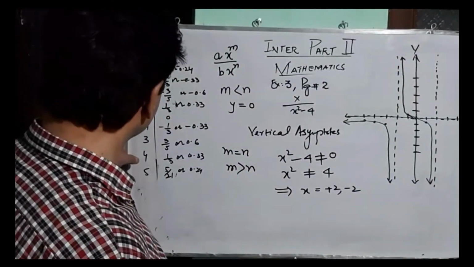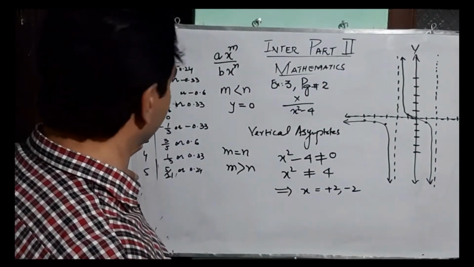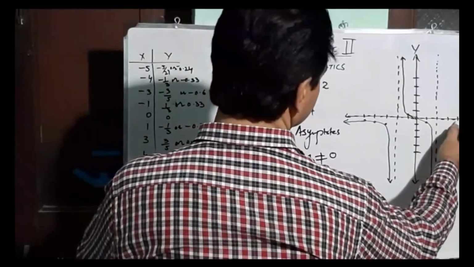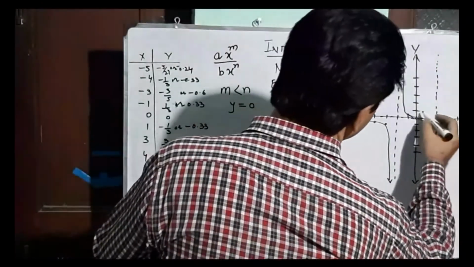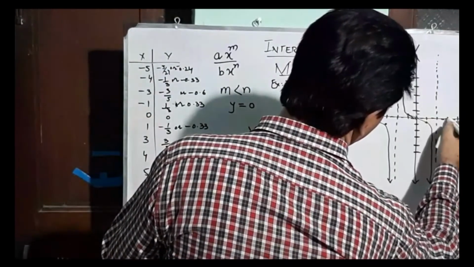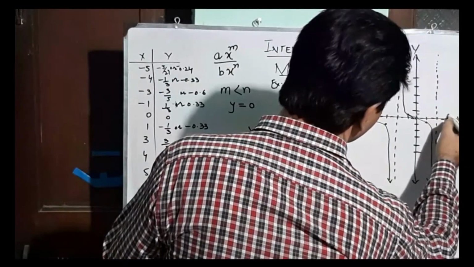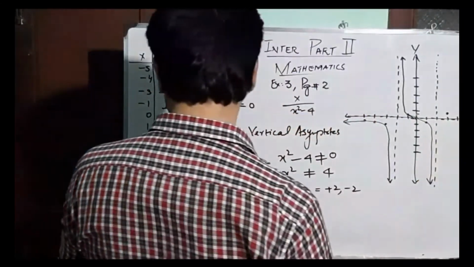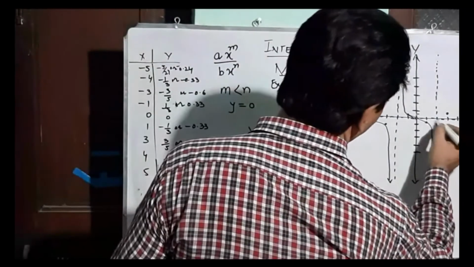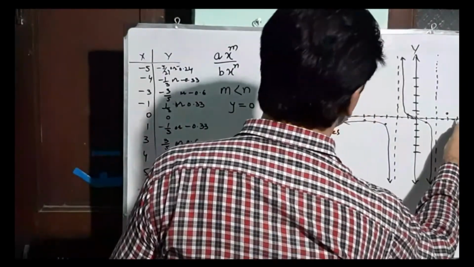Now we plot 3. We have positive 0.6, a little bit more than half, so it will be here. And now 0.33, positive value.